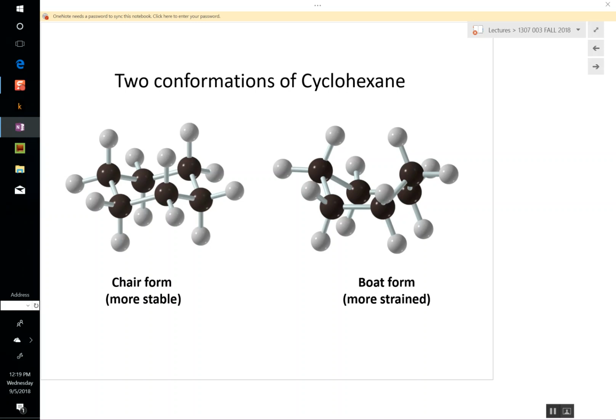One way to write it would be this way: 1, 2, 3, 4, 5, 6, and then they just draw a line like that. That's one way. I don't know another way. So don't worry about it. I won't give you condensed formulas of cyclos.